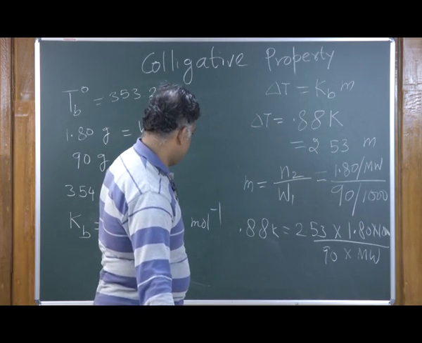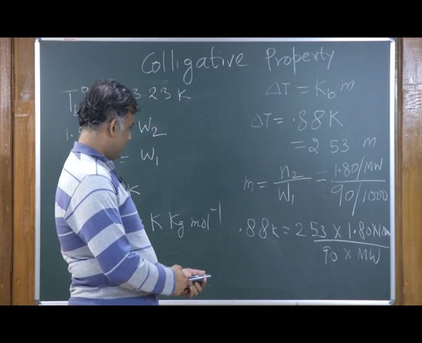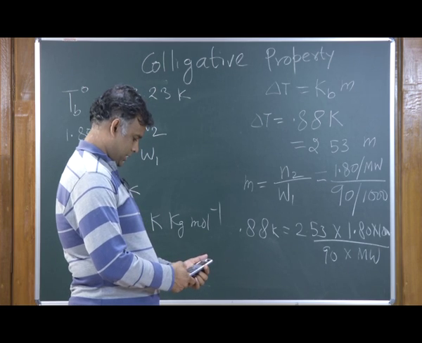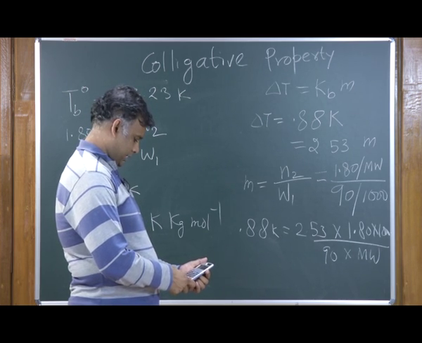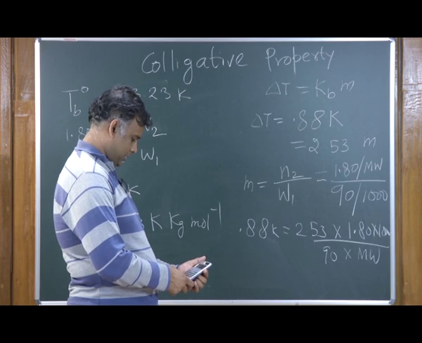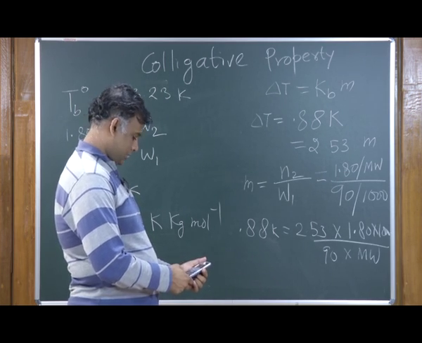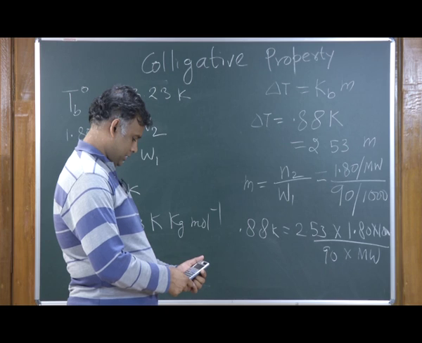So, we can calculate this. So, molecular weight is going to be 2.53 multiplied by 1.80 multiplied by 1000 divided by 90, divided by 0.88.